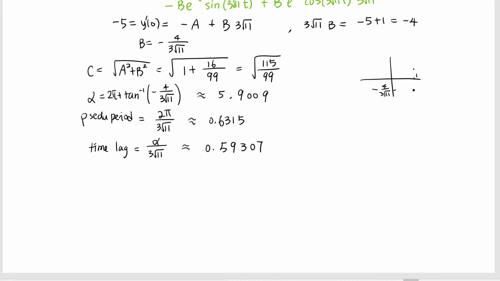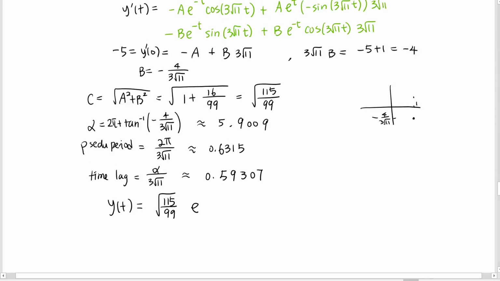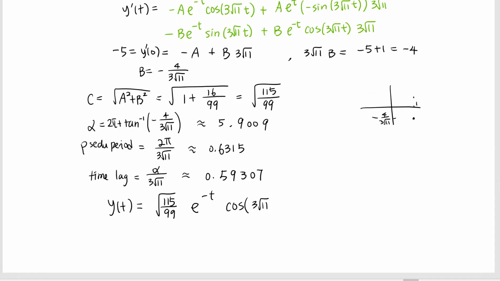So far, so good, everybody. So our function is y equals square root of 115 over 99 e to the negative t, and then cosine of omega, which is 3 square roots of 11, t minus alpha, which is 5.9009. So far, so good, everybody.